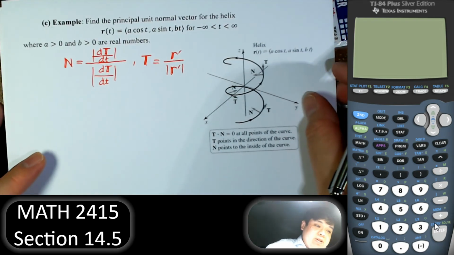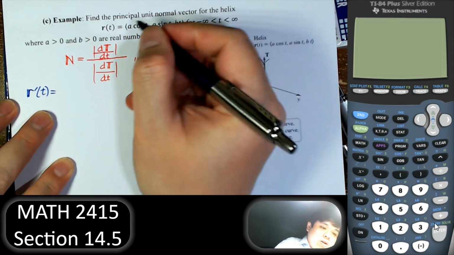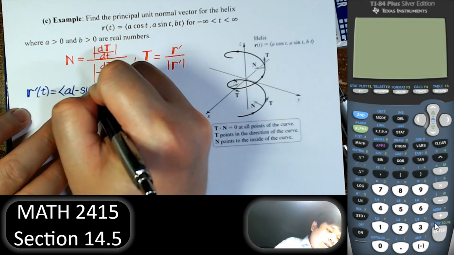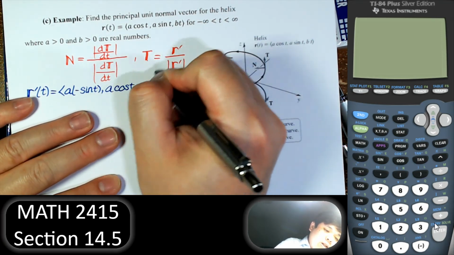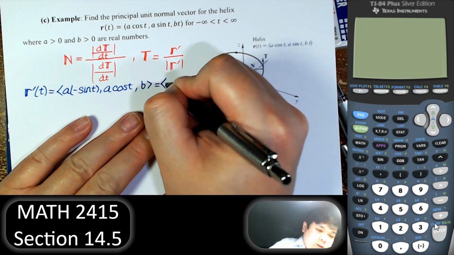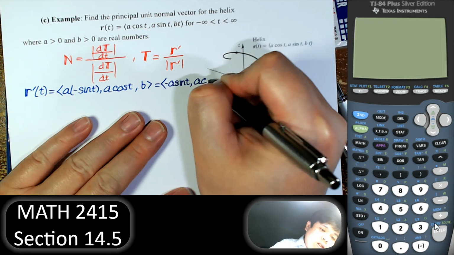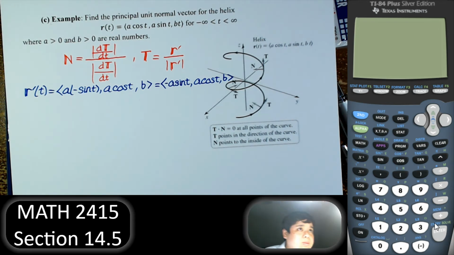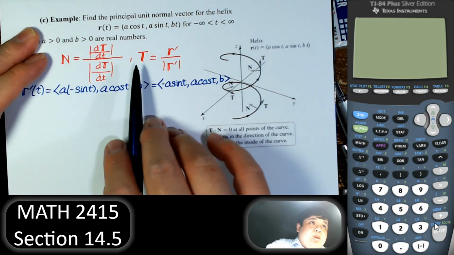So first I'll take the derivative: negative a sine t, a cosine t, derivative of bt is just b. So negative a sine t, a cosine t, and b. And then we just find the magnitude and divide to get the unit tangent vector.